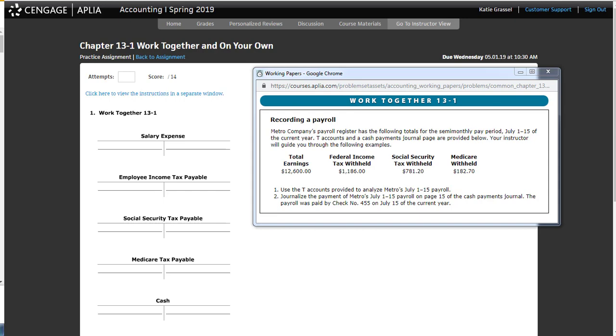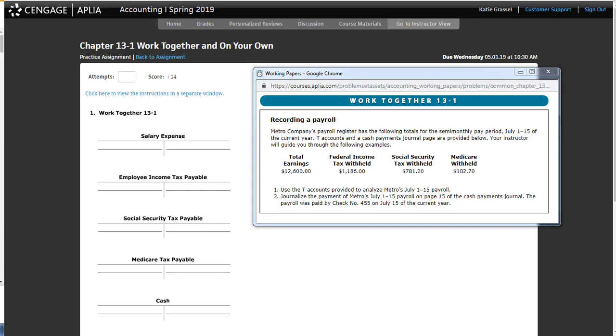Okay? So salary expense is going to be the total amount that the business has to pay out because they have employees. Now, that total number does not go to the employees because some of it goes to employees and some of it goes for the tax that we have to pay because we have employees.